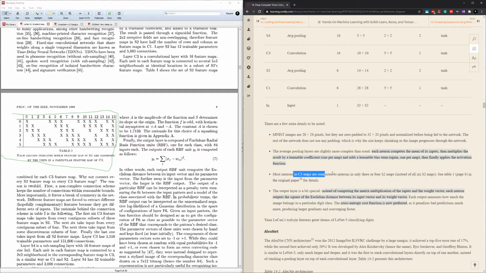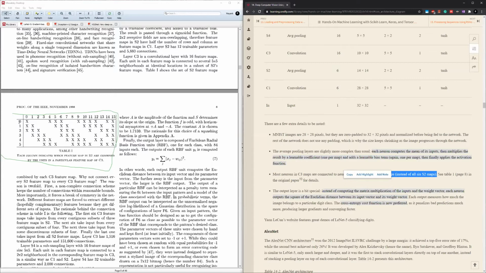And if we go to the C3 here, this is what they talk about in this table too, with respect to the maps that are connected to the neurons, and only 3 or 4 S2 maps instead of all the 6 S2 maps. So this is the table.